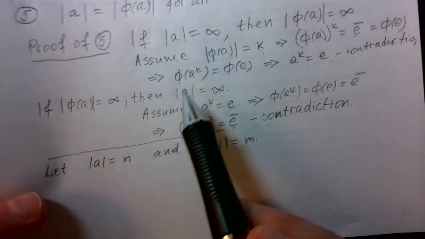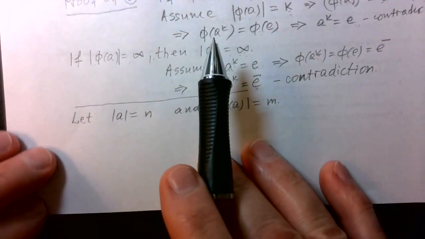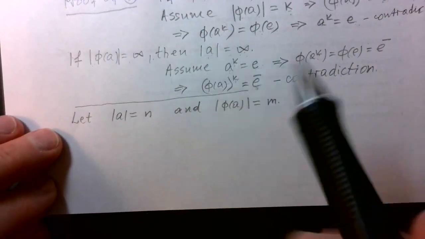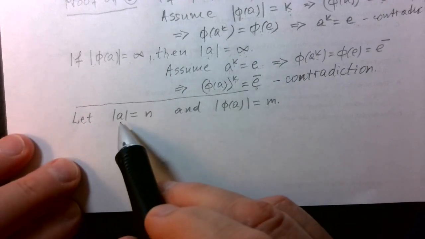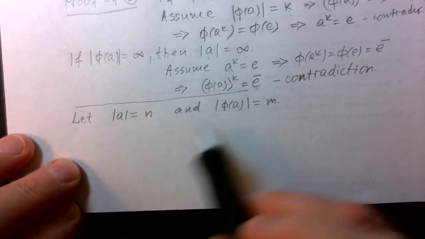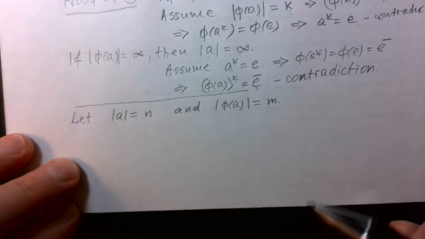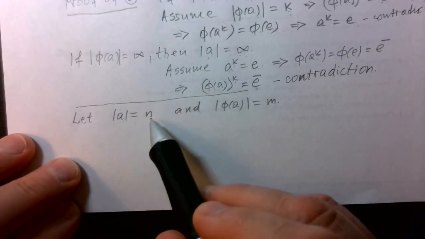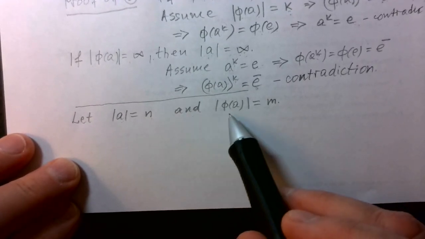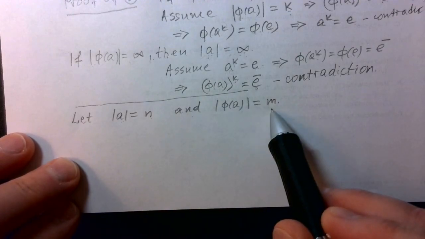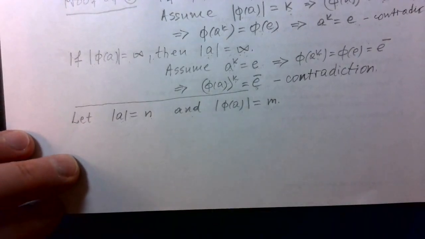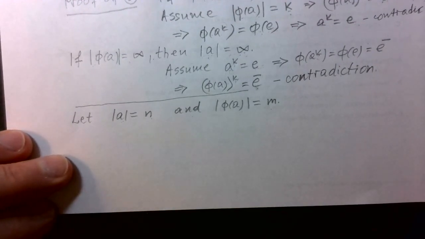Now, in the next case, both a and phi of a have finite orders. So denote the order of a by n and the order of phi of a by m. We have to prove that m and n are equal.